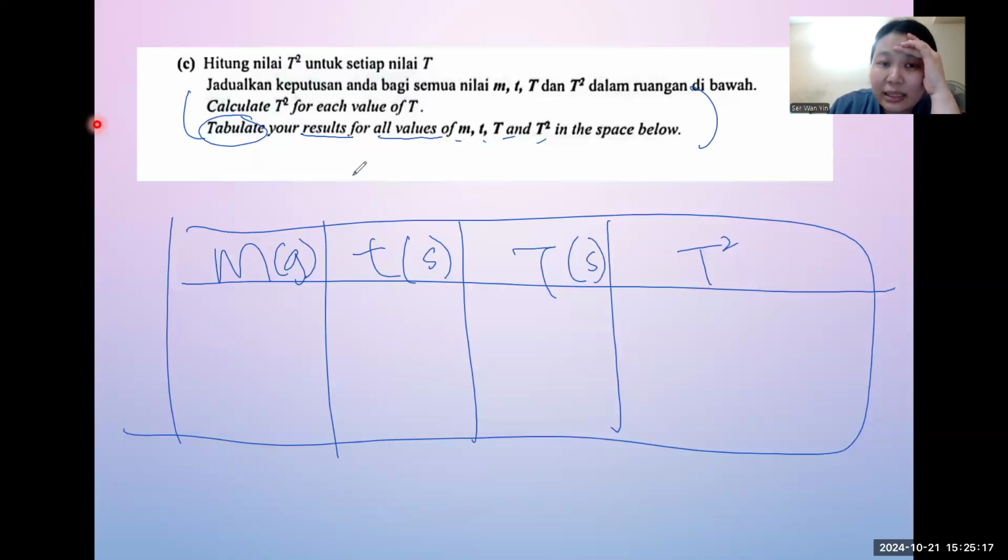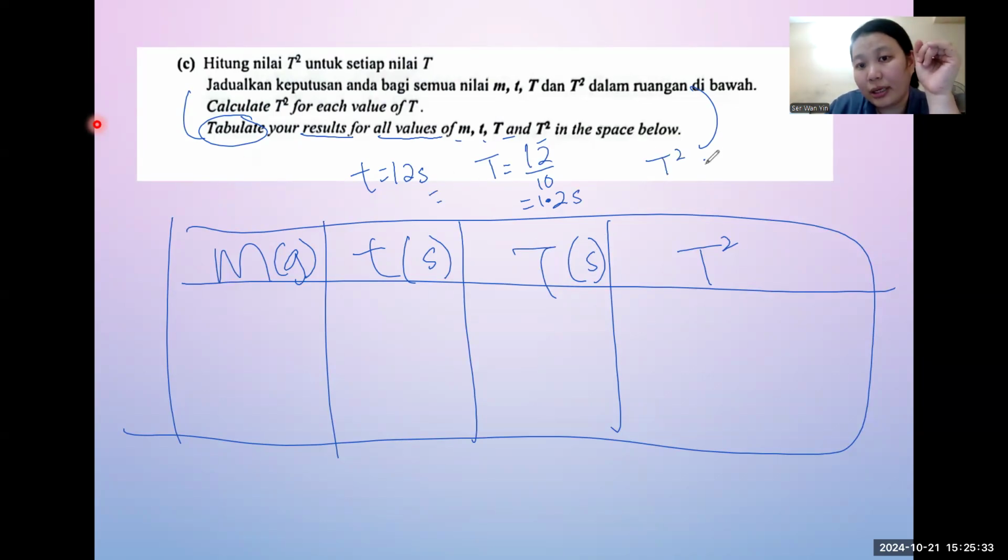Even though you divide, let's say t equals 12 seconds, the capital T period would be 12 divided by 10, 1.2 seconds. Okay, still seconds. Divide or times, plus minus, it won't change the unit. But yes, if you square it, 1.2, you will change the unit.